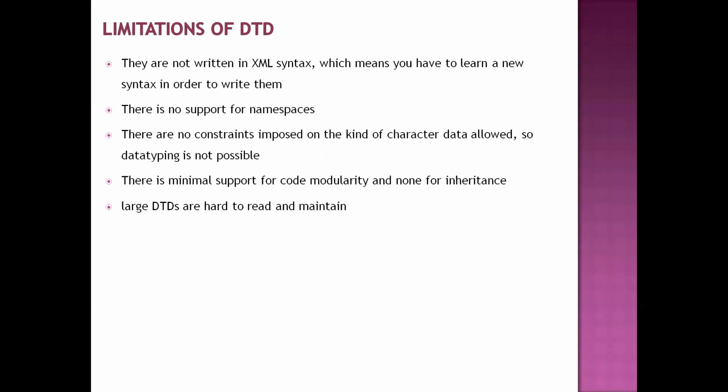But exactly how many times this element should repeat, that we cannot specify by using DTD. Okay, and sometimes we also cannot apply the constraints on XML DTDs. Okay, that is also one of the drawbacks.